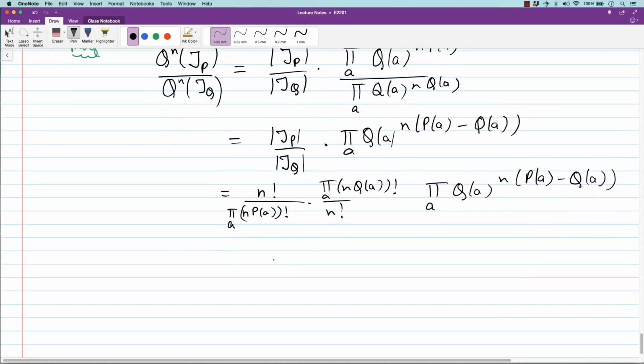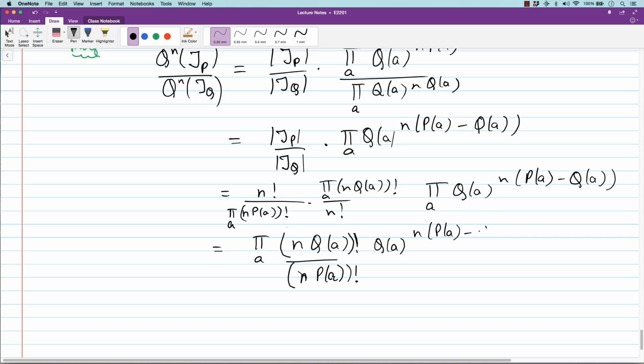So this first product is exactly equal to product over a of (nQ(a))! by (nP(a))! times Q(a) to the power n(P(a) minus Q(a)).